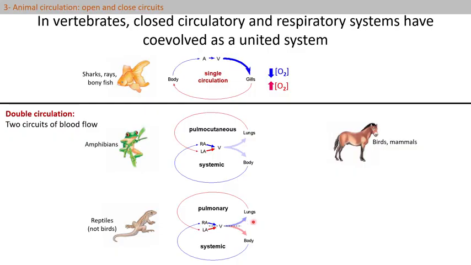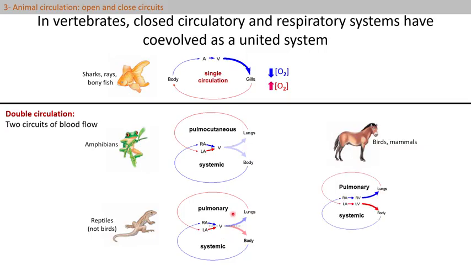So the ventricle is divided, if you want, in 2 halves, and 1 half pushes blood towards the lung, and the other half pushes blood towards the body. So there's no more mixing of the blood, and that really is a more efficient system. And now really the blood poor in oxygen goes to the lungs, and the blood rich in oxygen goes to the body. However, you still have only 1 ventricle.